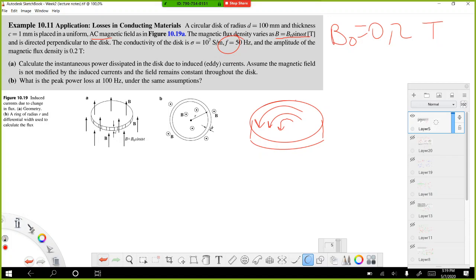We need to calculate the instantaneous power due to the eddy currents. Instantaneous power dissipated in the disk due to the eddy currents.